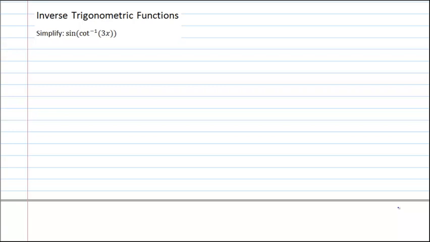In the second inverse trigonometric functions example, we are asked to simplify the function sine of cotangent inverse of 3x. Now, just like we did in example 1, we're going to let theta equal cotangent inverse of 3x, because that's really what this does represent.